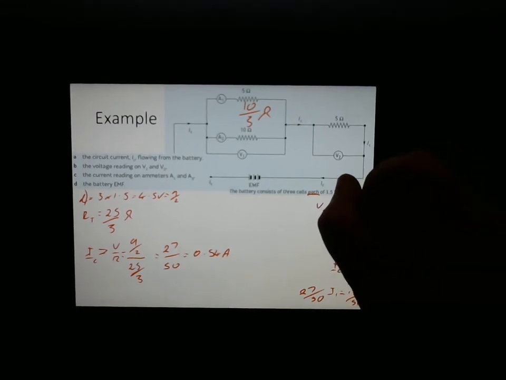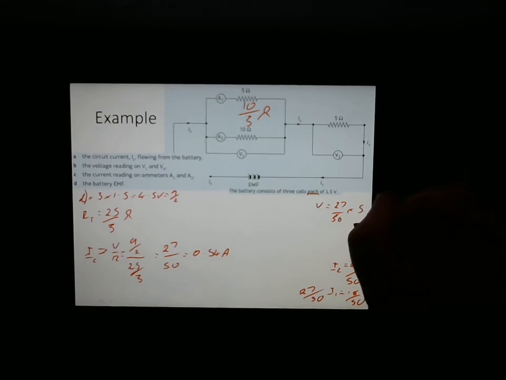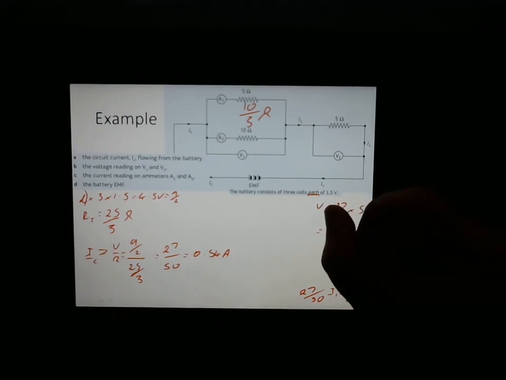So the voltage equals I, which is 27 over 50 times 5. 27 times 5. Let's see, 20 times 5 is 100, 5 times 7 is 35. So that'll be 135 over 50.